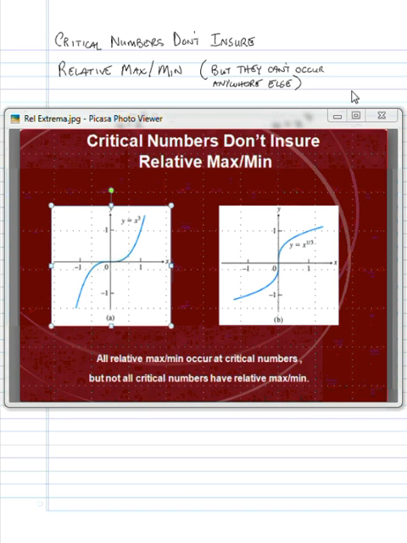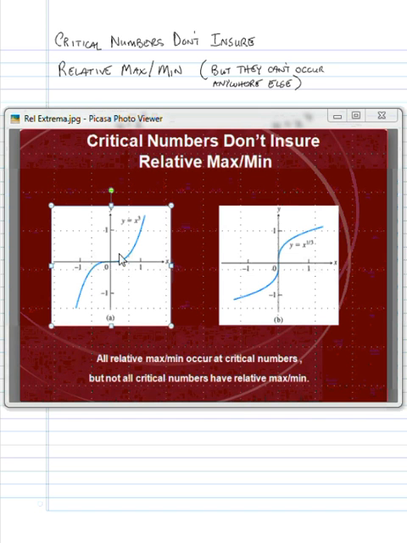And here we just happen to see a couple of scenarios where we have critical numbers but no relative maximum or minimum. And in this first example, the critical number is 0. And the idea here is at x equals 0, we have a horizontal tangent line, although it's not turning around, so we don't have a maximum or a minimum, either one.